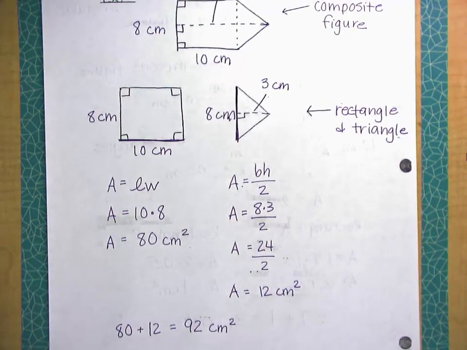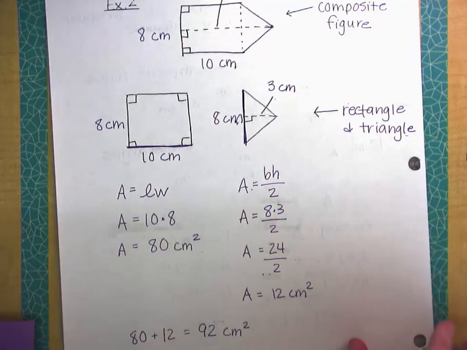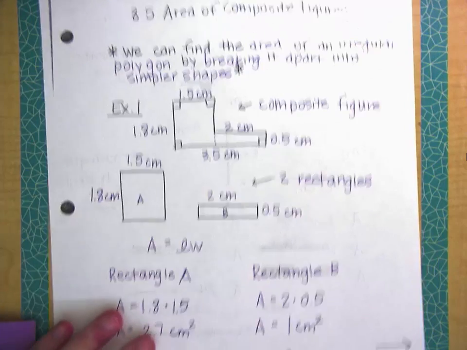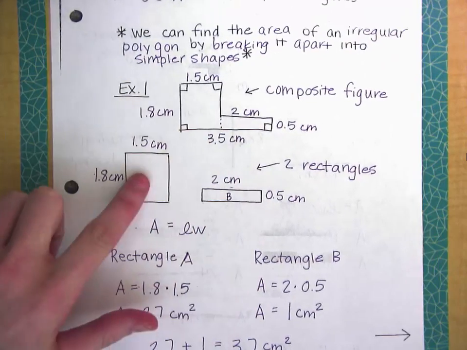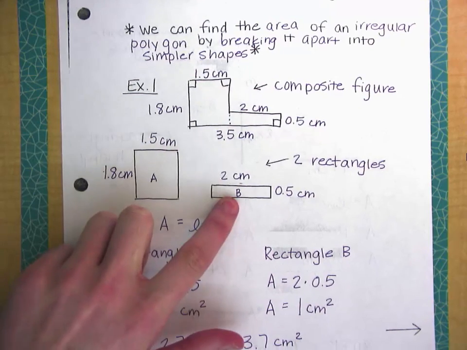Caleb, why do we do the first one and this one differently, because they're different? Well, let me rephrase this question. I think you're asking, why did we use different formulas for the first one? So let's look at the shape. When we split up this composite figure, we split it into 2 rectangles, right?